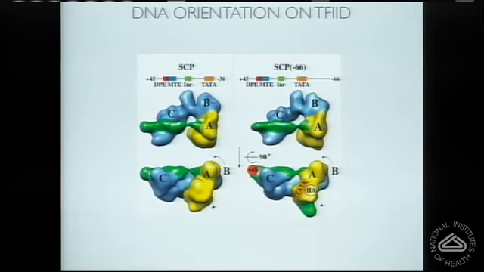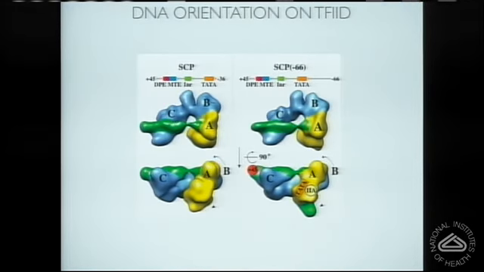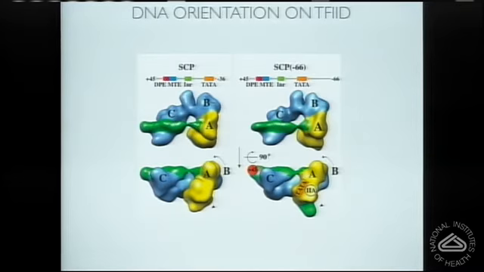And I hope that you can see, it's particularly obvious in this view, that extra density comes out of this side. Okay? So this would indicate that this is the upstream end and this is the downstream end.